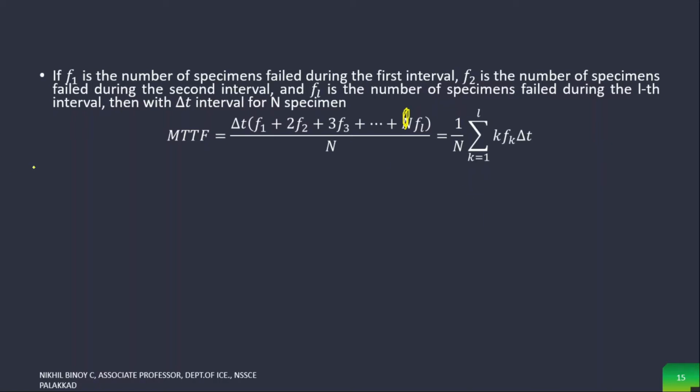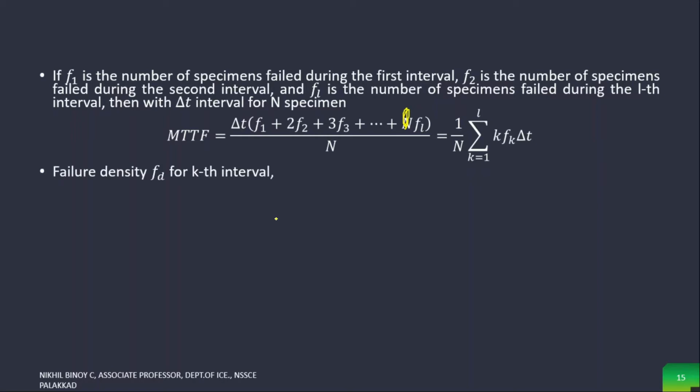Now we are going to derive a relationship between mean time to failure and failure density. Here fk is the number of failures. So please go through the equation of failure density if delta t is not equal to 1.